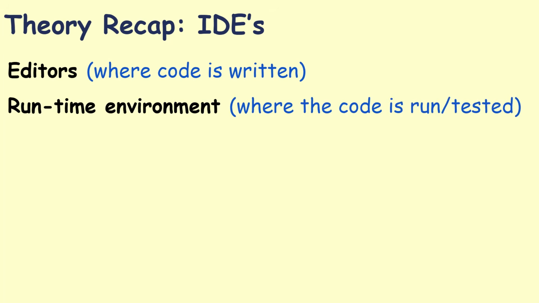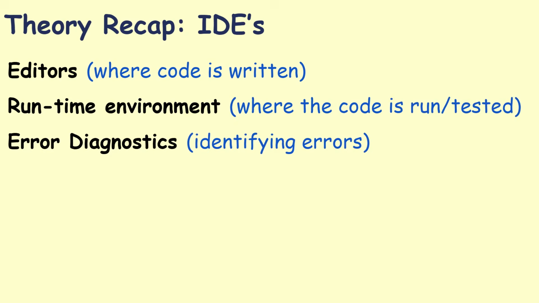IDEs, we've got different parts that we have to know about. So whenever we see a question about an IDE, just think about using Python. It's that environment, basically that app we use to create our code. And so we've got editors, which is where we write our code. We've got the runtime environment, which is where our code is run and tested. So for us in Python, it's the Python shell.